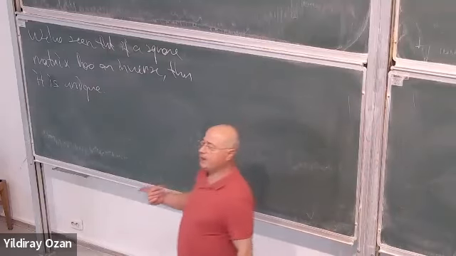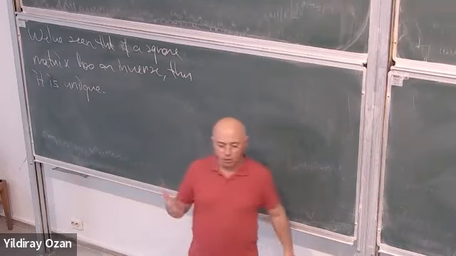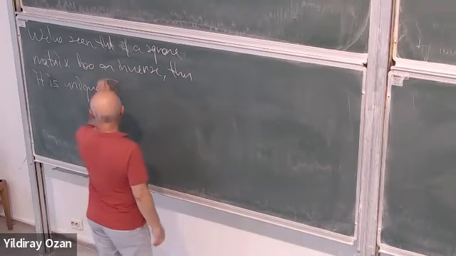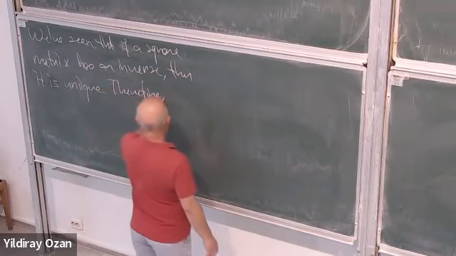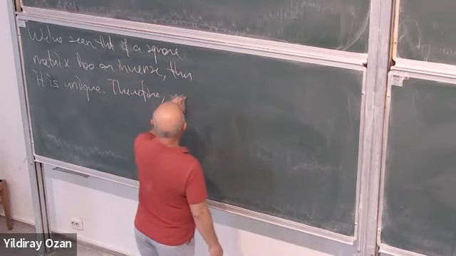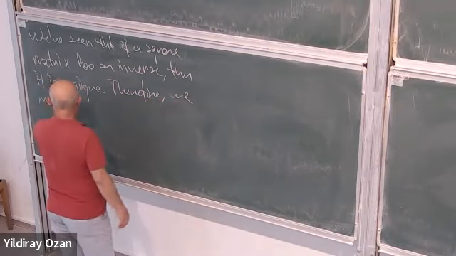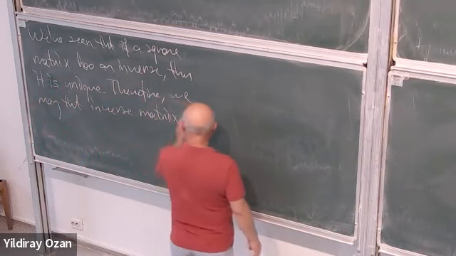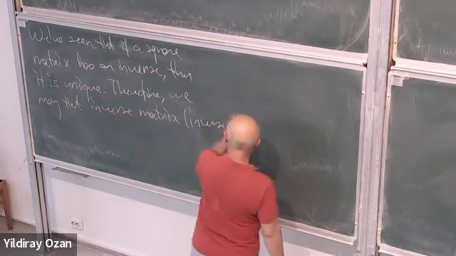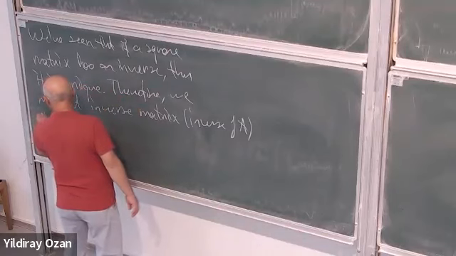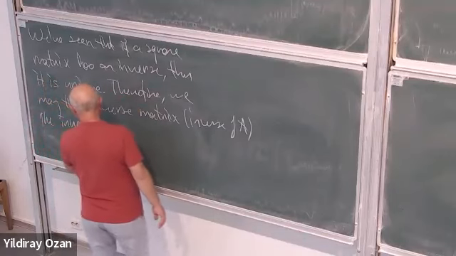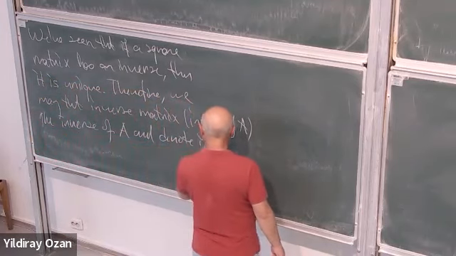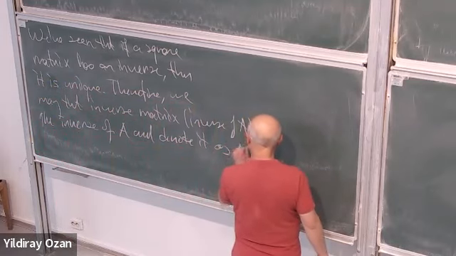So we can say the inverse of A. Therefore, we may call the inverse matrix the inverse of A, and denote it as A inverse. Okay.